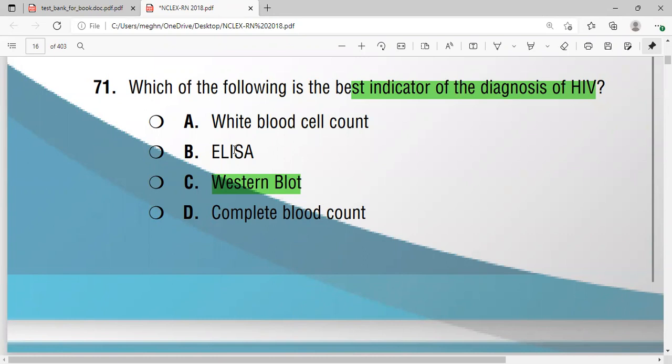The ELISA test, answer B, is the screening test. And answer D, complete blood count, is not specific enough for HIV diagnosis.